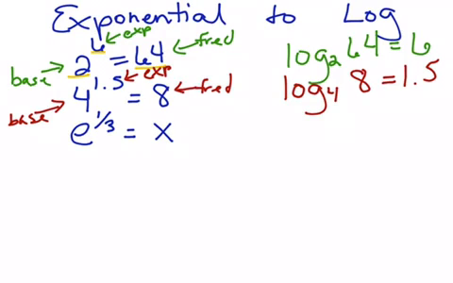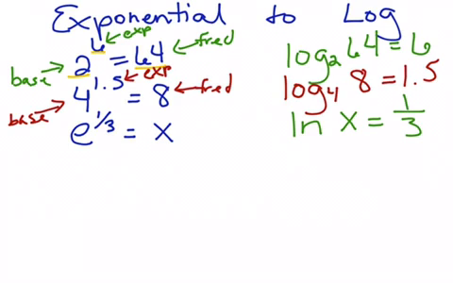For the next one I want you to pause and try it on your own and then turn it back on to see if you get it right. Go ahead and pause now. Okay, there's your answer.